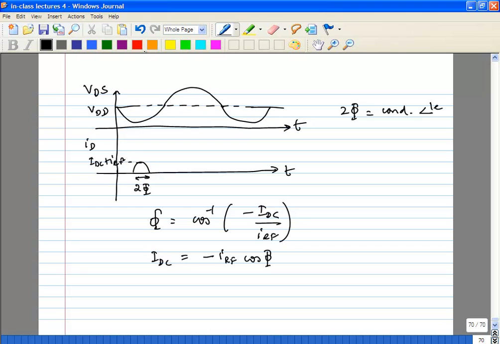That offset current is actually negative, obviously, because now you have a conduction angle less than 180 degrees. You can find expressions for the average current through your transistor, ID. You can show that this is nothing but IRF over pi times sin phi minus phi cos phi, where phi is the half conduction angle. And similarly you can calculate expressions for the fundamental.